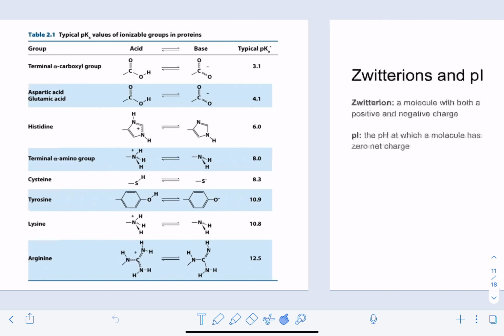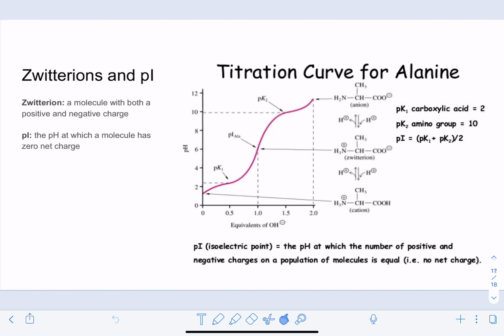Another thing to note for amino acids is that because they contain acidic and basic carboxyls and amines respectively, their structure will change based on the pH of the surrounding environment.